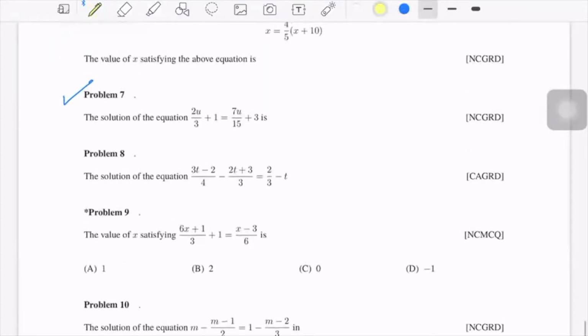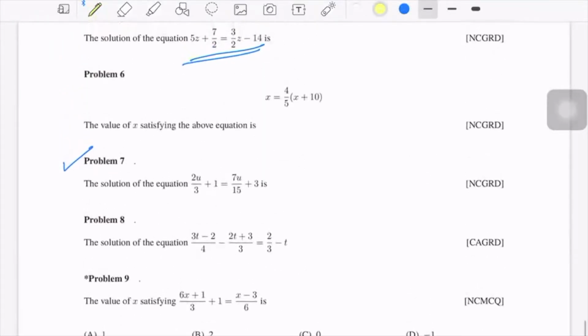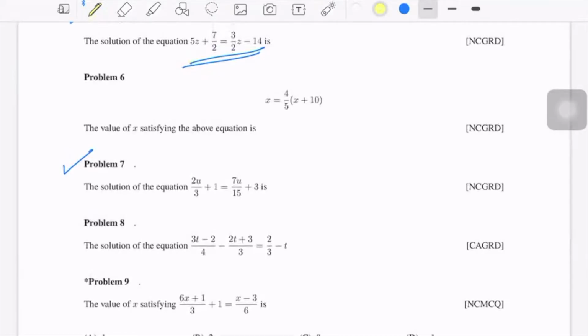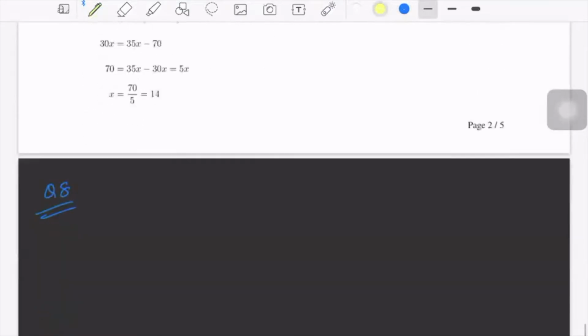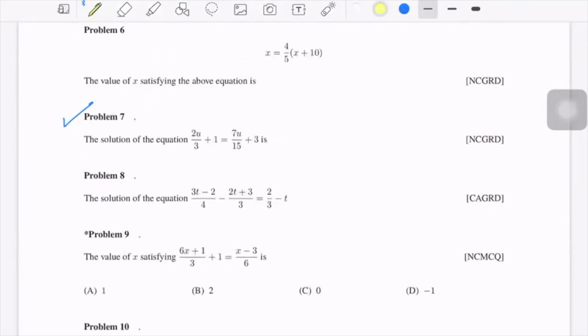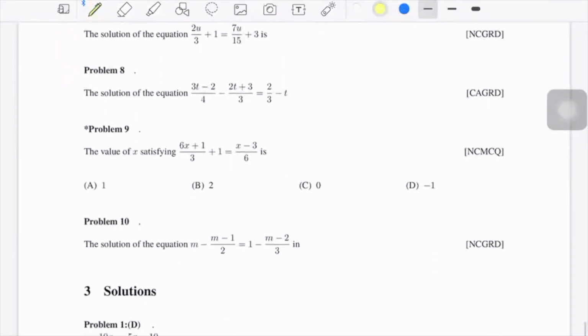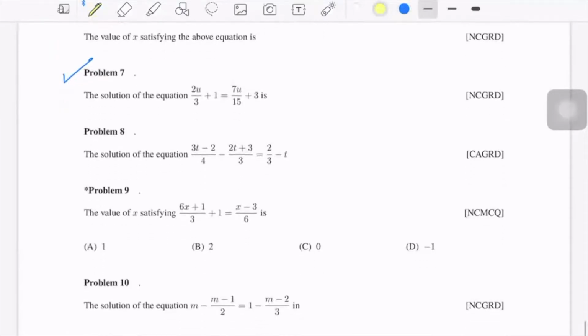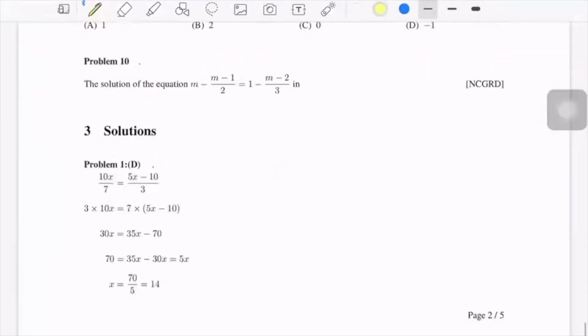The solution of the equation 2u by 3 plus 1 is equal to 7u by 15 plus 3 is. No, that is done, right? That is what the 7 is done. Now it's 8 actually.